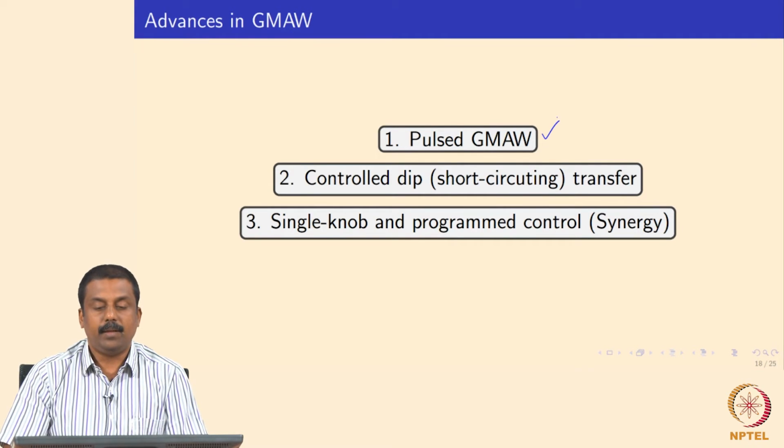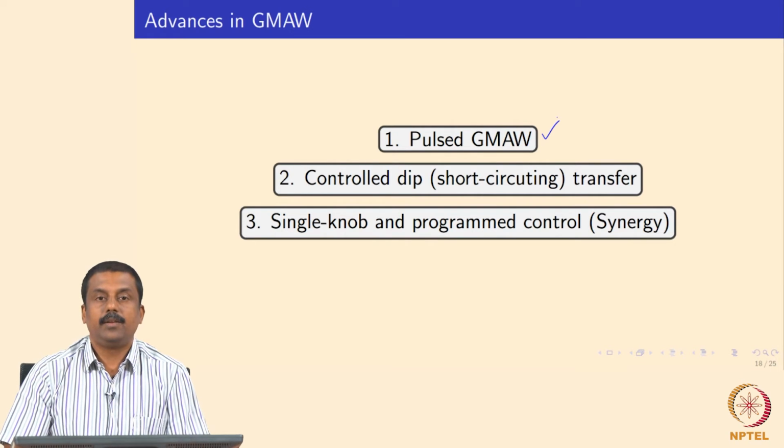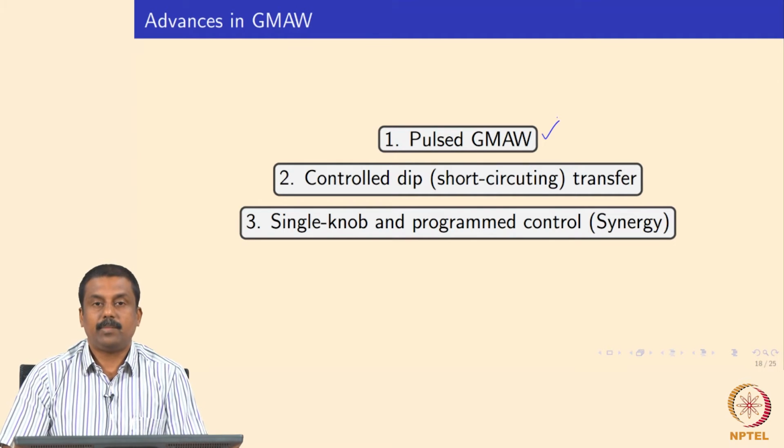made in GMAW is the controlled dip transfer process, where we transfer the droplets in a short circuiting mode. During this short circuiting mode, we also significantly reduce the heat input by reducing the current or voltage close to 0, so that when the droplet is transferred, we transfer it in cold conditions compared to conventional GMAW or even pulse GMAW.